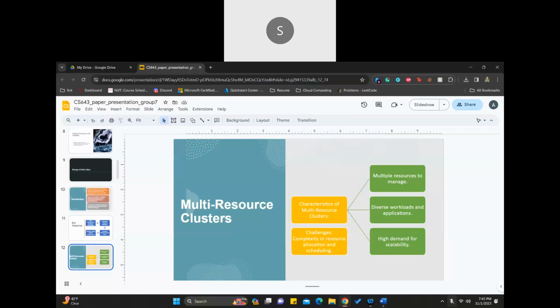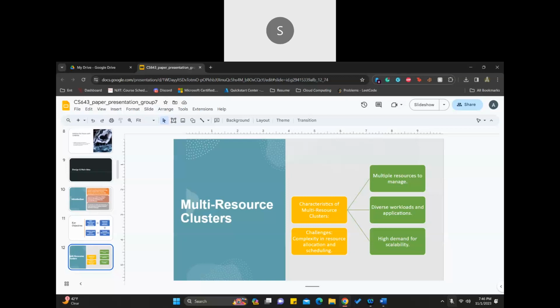The multi-resource cluster handles different components such as computation power, memory, storage, and network bandwidth. So the challenge is ensuring even distribution without overburdening any single resource.